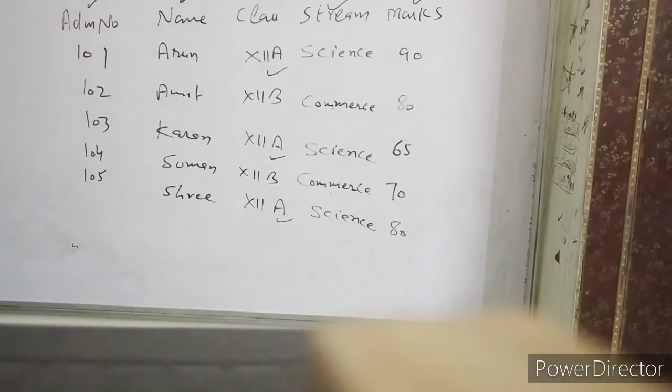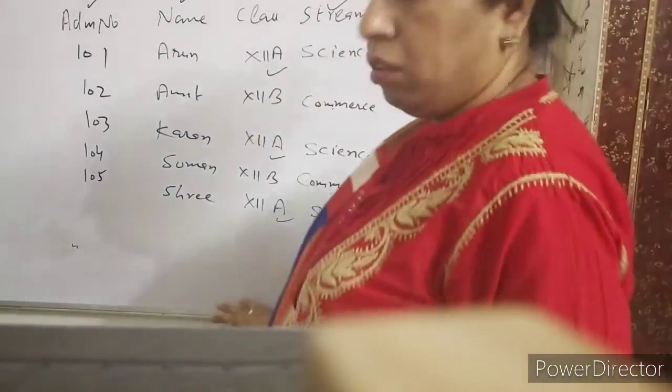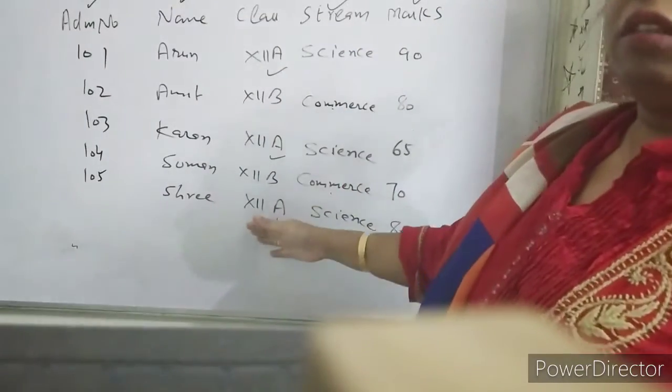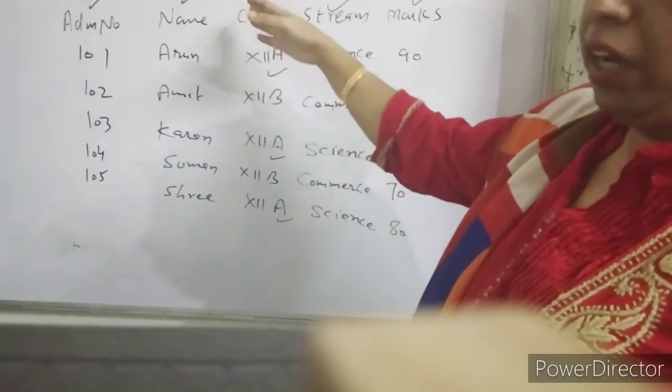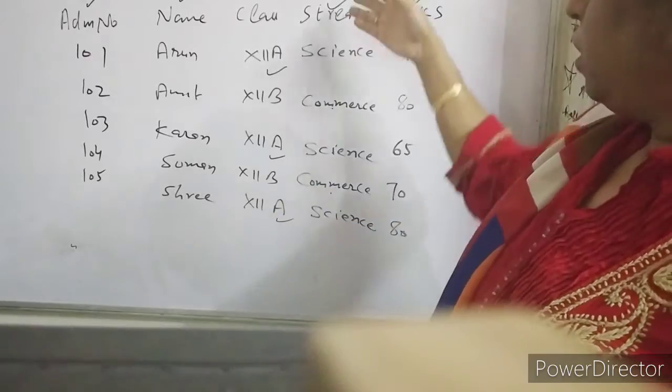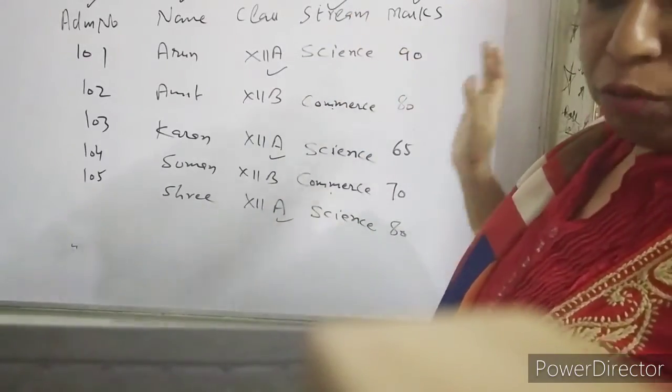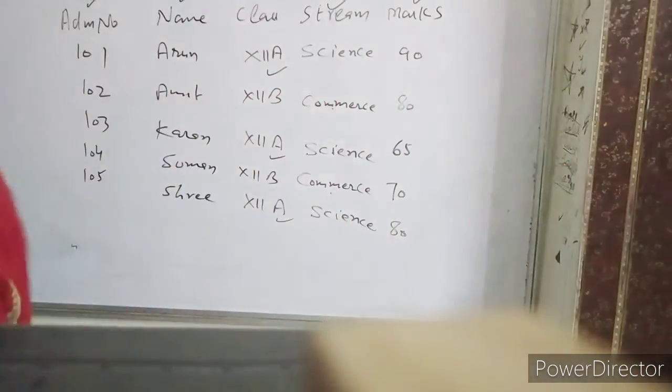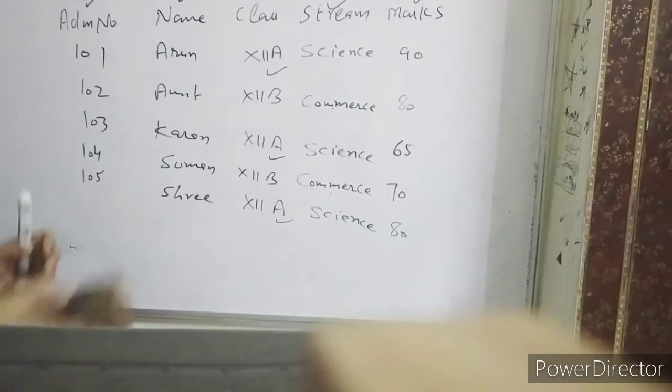If I am grouping on stream, I make the group of science separately and commerce separately. How will we do this in MySQL? This is the concept of grouping.